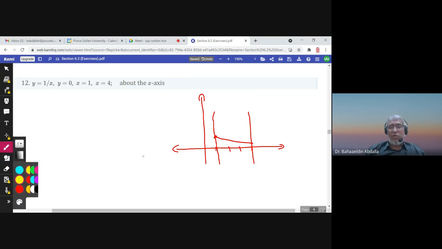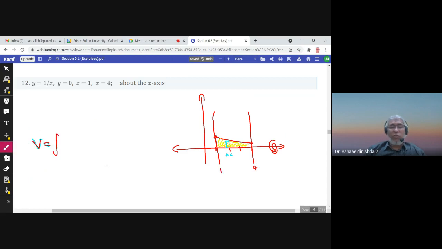And this is the region we need to find the solid of revolution obtained when we rotate this region about what? The x-axis. So about the x-axis, we will take this rectangle, delta x is the width, and immediately the volume would be, x from where to where?